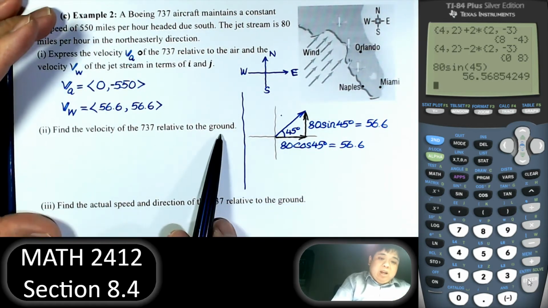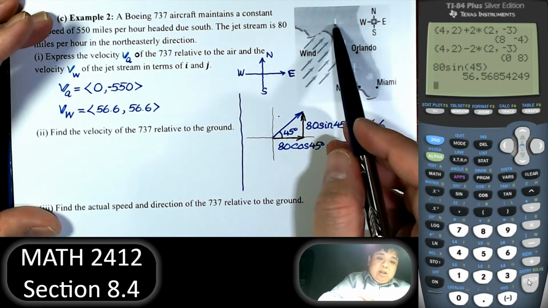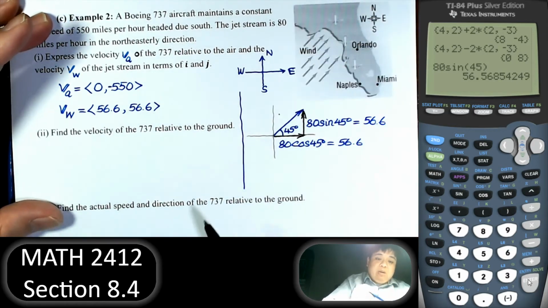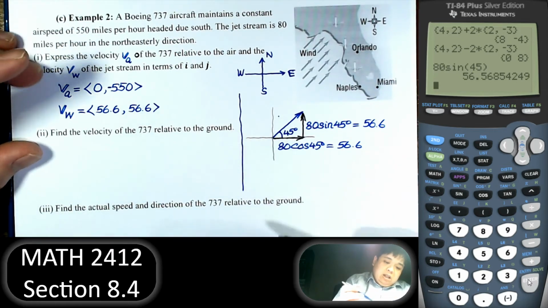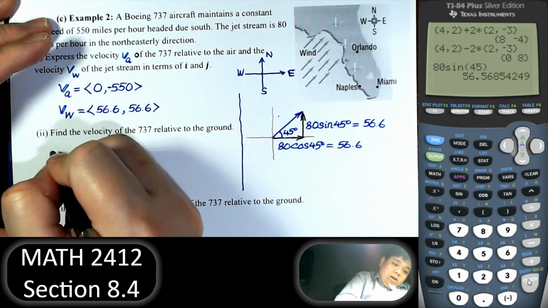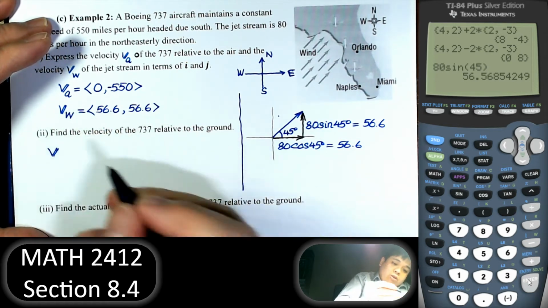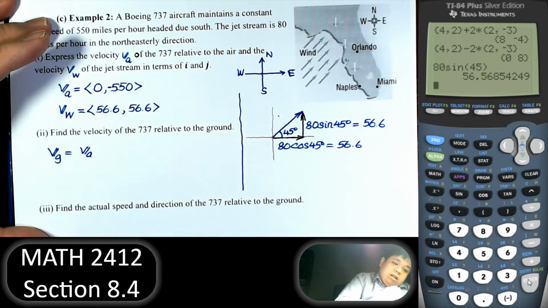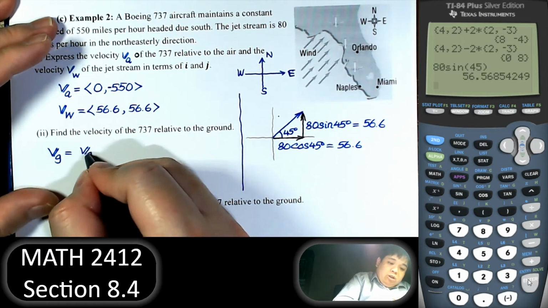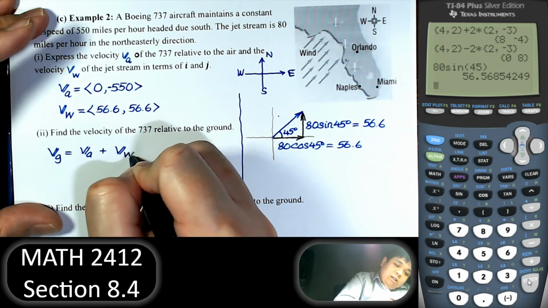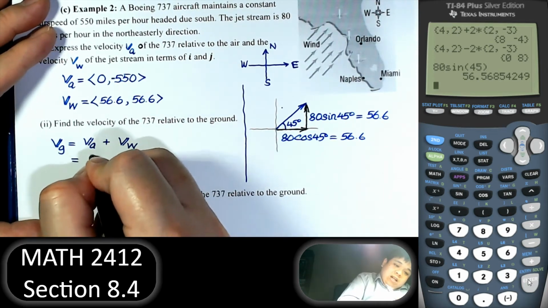But with respect to the ground, even though it is trying to go south, the wind will blow it, so it's not going perfectly south anymore. So the velocity with respect to the ground is equal to the velocity of the airplane with respect to the air plus the velocity of the wind.